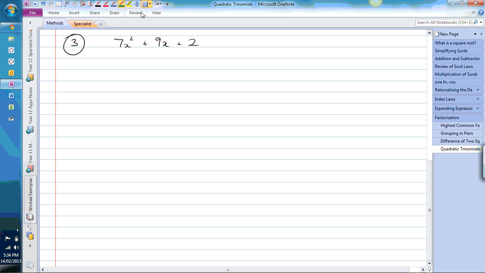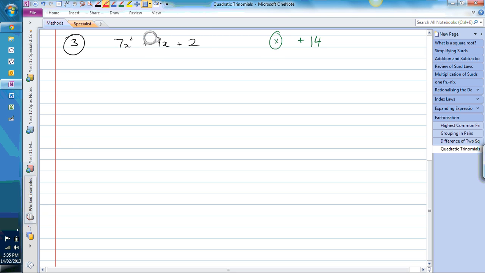And that is, instead of just looking at this number here to decide what our two numbers have to multiply to give, we actually look at the product of these two. That is, we go 7 times 2, that's 14, and it's going to be positive 14. And so instead of just looking for two numbers that multiply to give 2, we're looking for two numbers that multiply to give 14, positive 14.